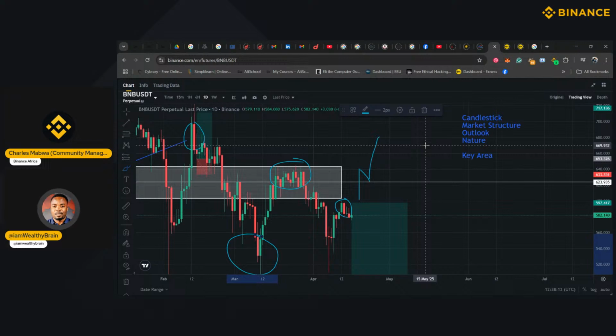Now, when we come to technical and fundamental analysis in crypto, the focus also matters.